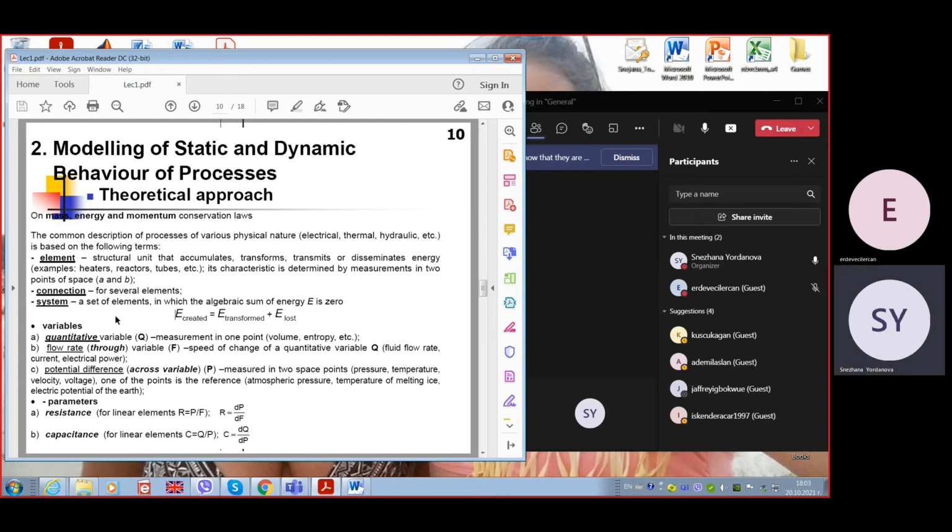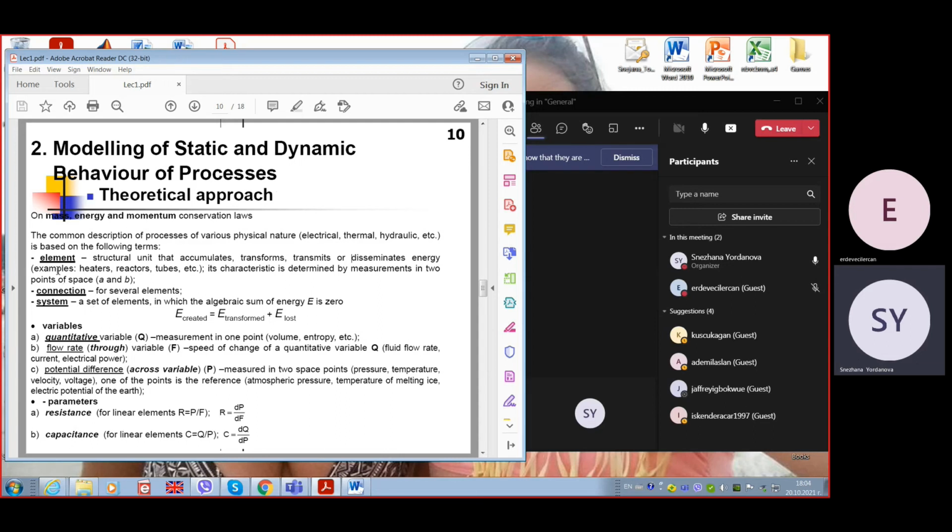The processes are described by these information variables, which gives us an idea how good production will appear in this process. But also we can have information because we can measure these variables at the input and output, which can be of different physical nature: electrical, thermal, hydraulic, like pressure of liquid, temperature, voltage.